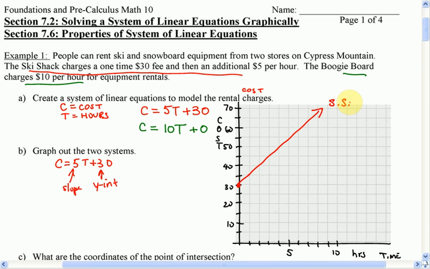And I'm going to ask you to do the same thing for the Boogie Board now. Y-intercept of 0. Slope in this case is 10. So start at 0, 10, 20. Okay, here's my line for the Boogie Board, not a very good line.